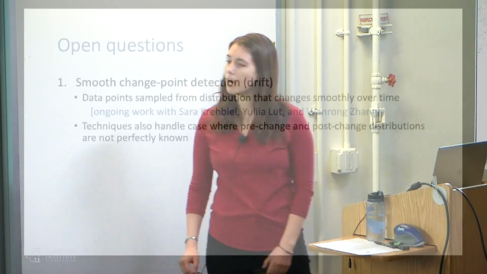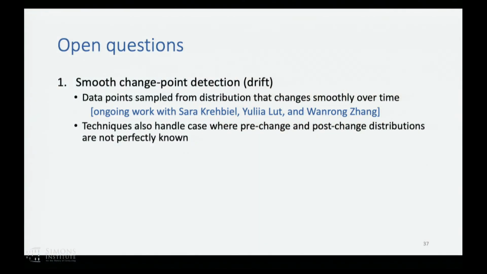And so maybe points aren't really being sampled IID, but maybe there's some smoothly changing distribution. We should be able to identify and to measure that change as well. And then it turned out, kind of surprisingly, that these same techniques also work in the case where we don't exactly know the pre-change and the post-change distributions. And so that was surprising to us, but the math ends up being the same.